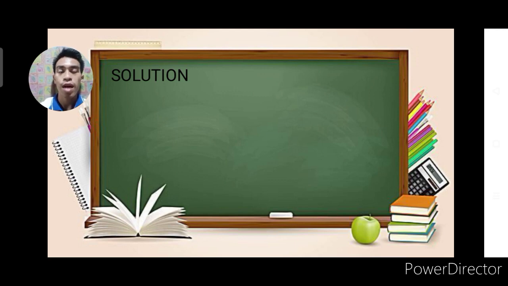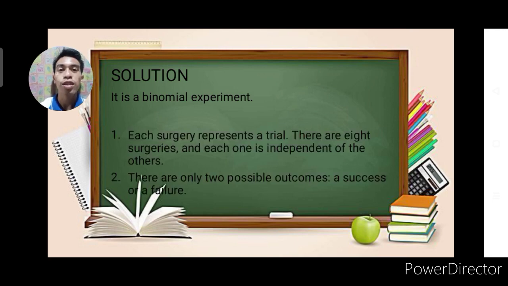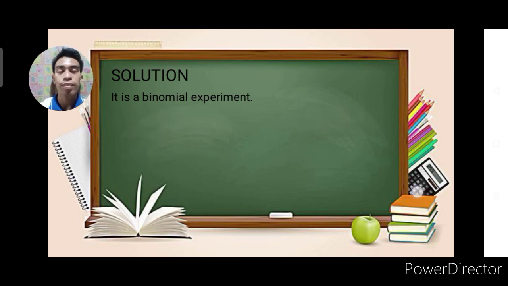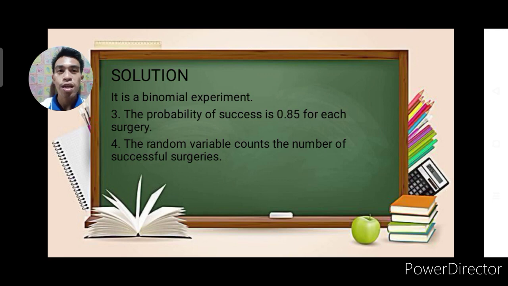So we have here our solution. It is a binomial experiment. The conditions are: number 1, each surgery represents a trial. There are 8 surgeries and each one is independent of the others. 2, there are only 2 possible outcomes, a success or a failure. Number 3, the probability of success is 0.85 for each surgery.